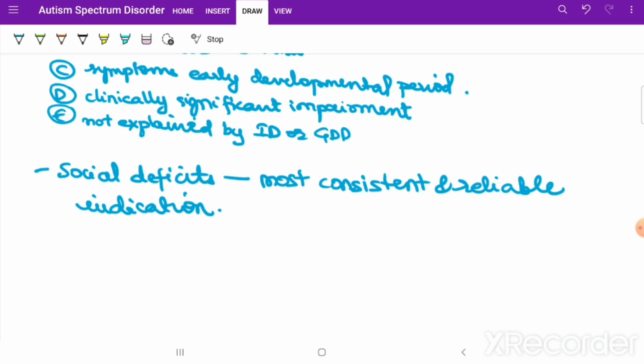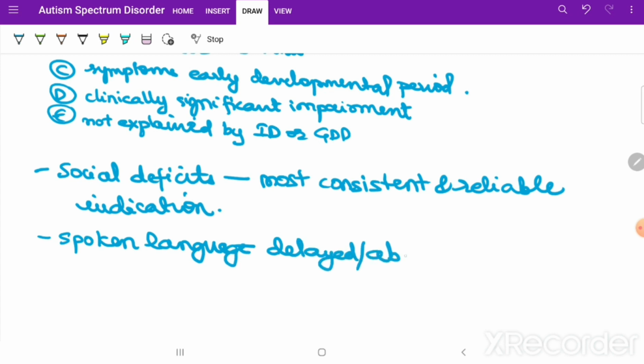In many children with ASD, another problem is that spoken language is either delayed or absent. Even in patients with normal language and IQ, there will be deficits in pragmatic language.